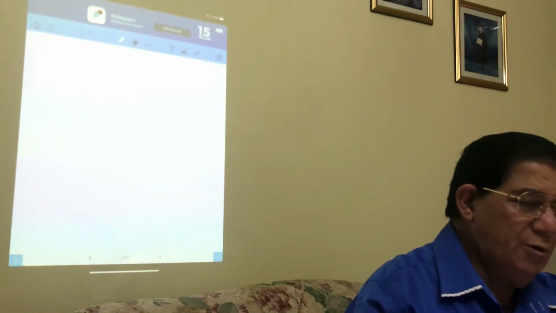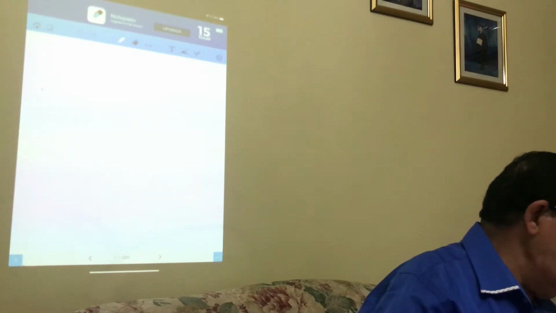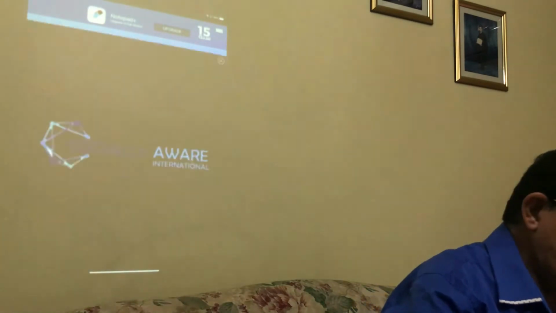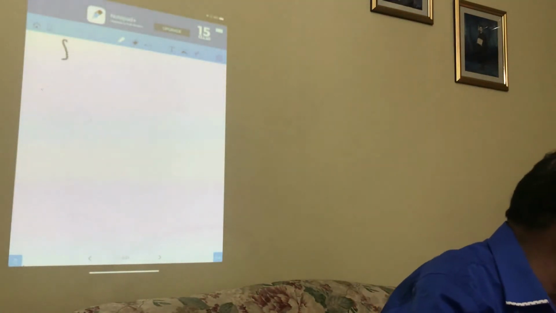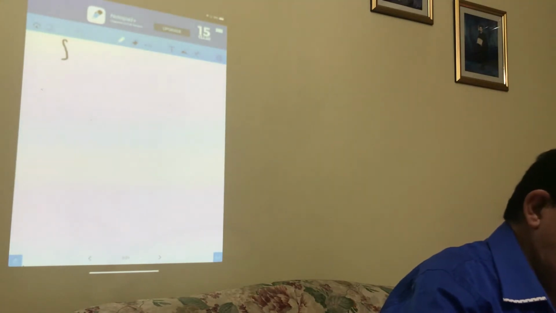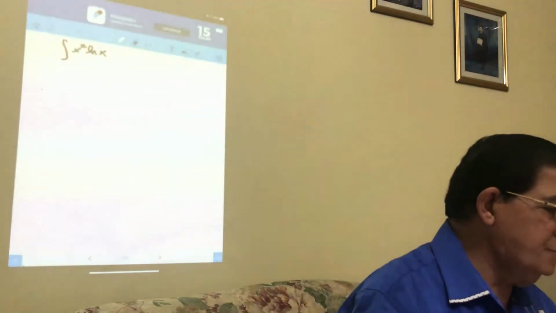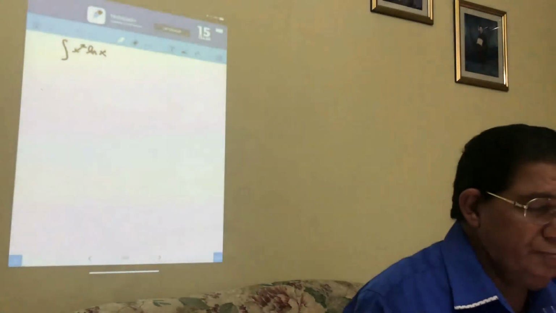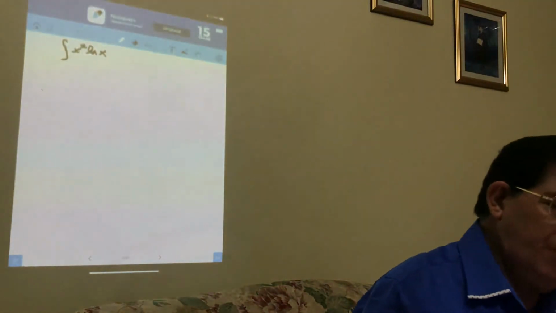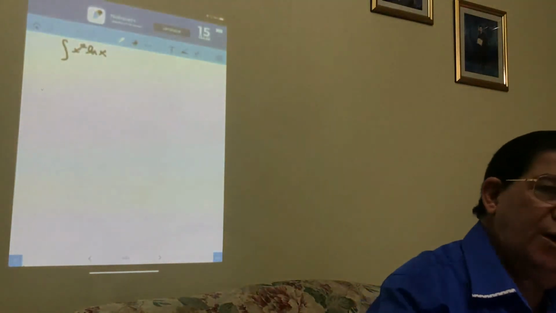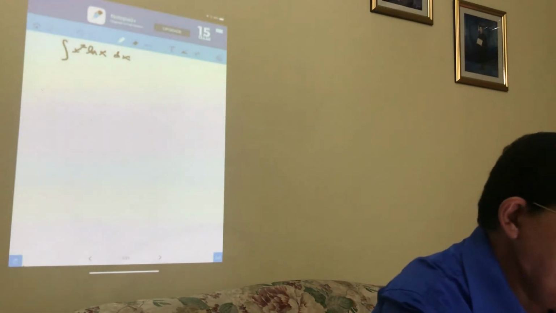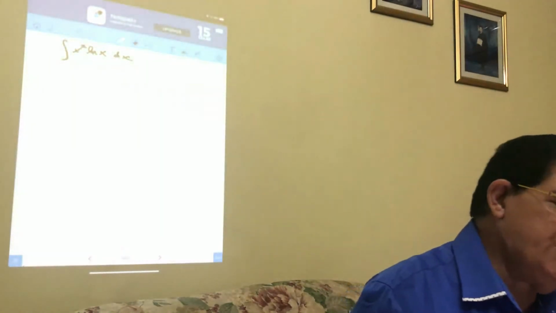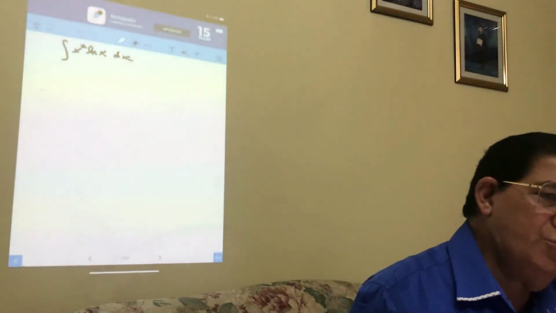Now we go to the next example. Let us integrate x squared ln x dx. Here there is a basis for the choice of who is u and who is v.